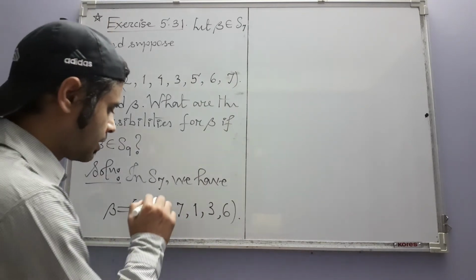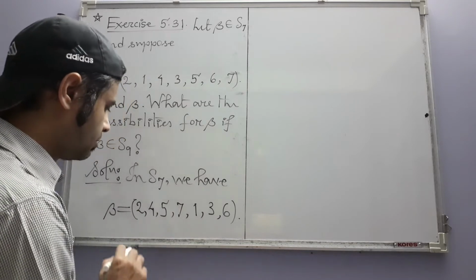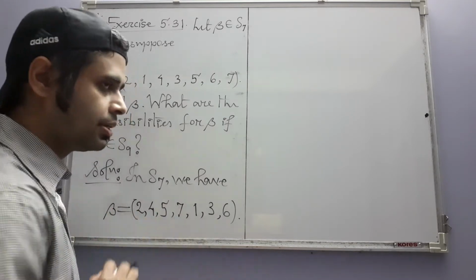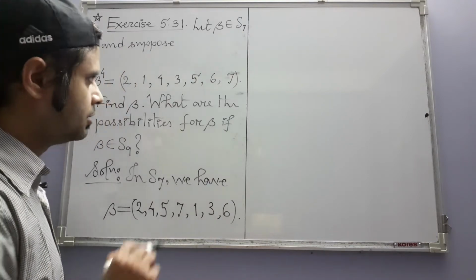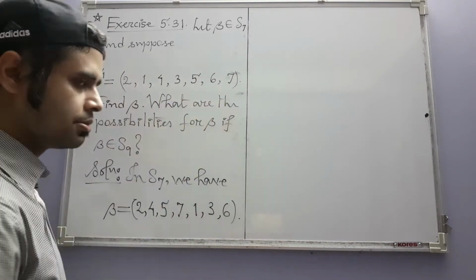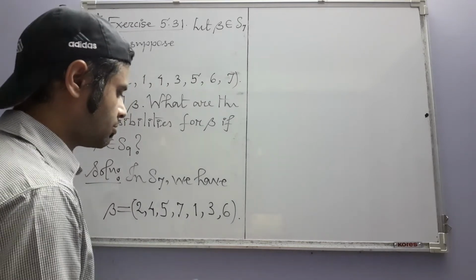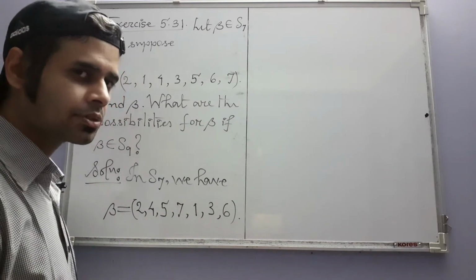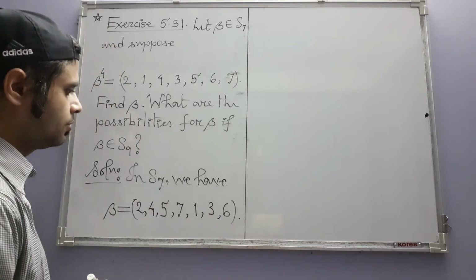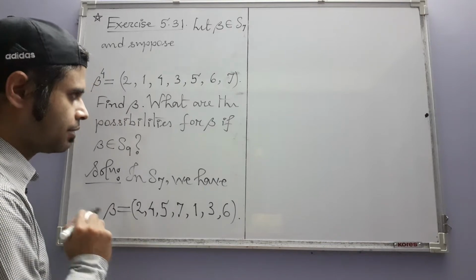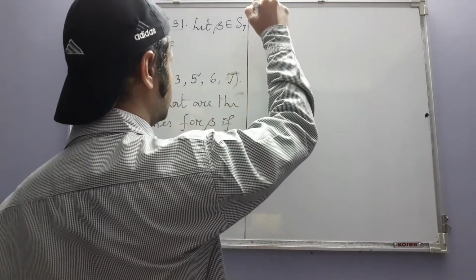For example, a question arises here: how do you know that this is the only beta for which the fourth power is this? You have to argue for that, because who knows, maybe there are other permutations also. So to arrive at this answer, we have to look at some things.